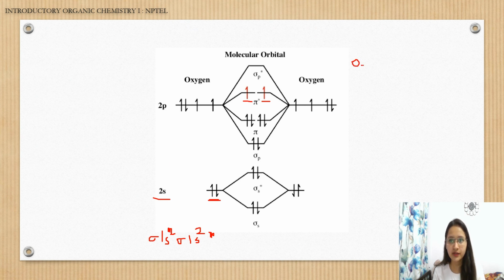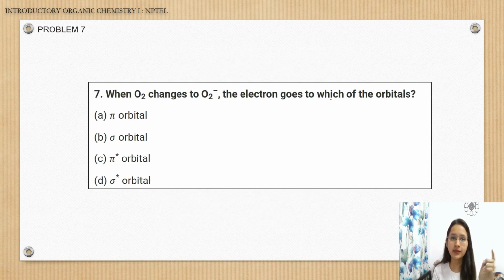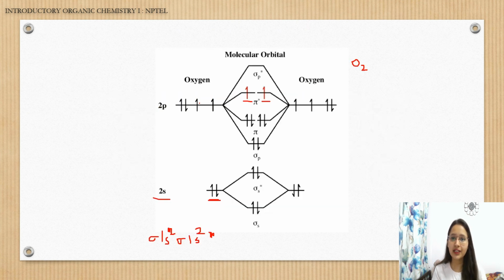So now, this is all about the oxygen molecule, this is O2. Now they are asking, when O2 is changing to O2 minus. What is meant by O2 minus? One extra electron is coming, right?